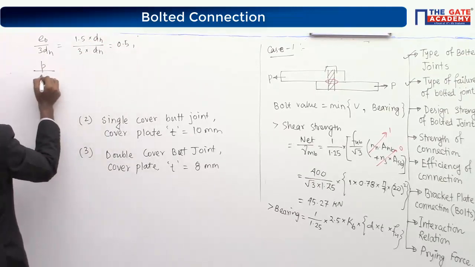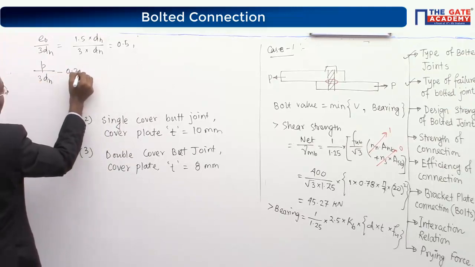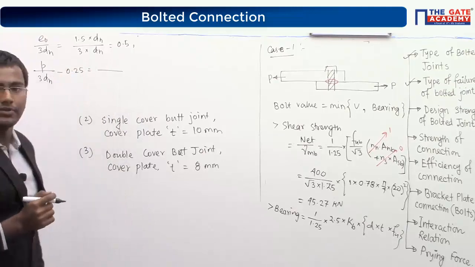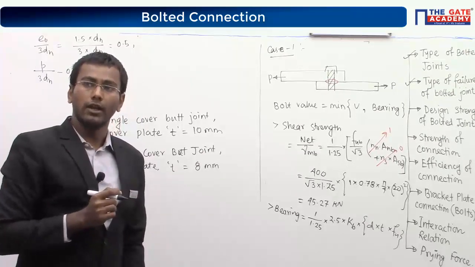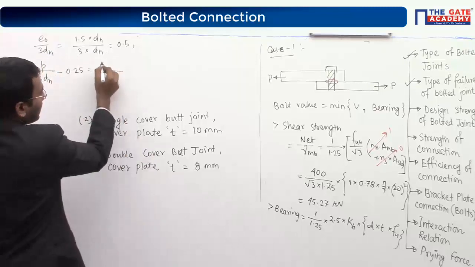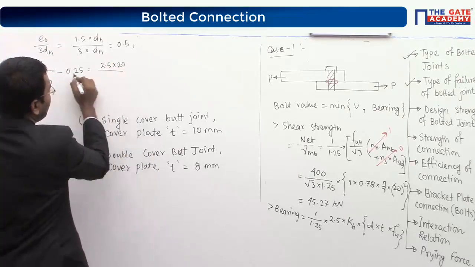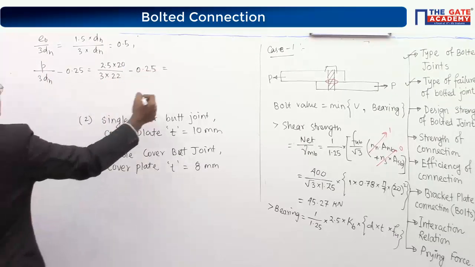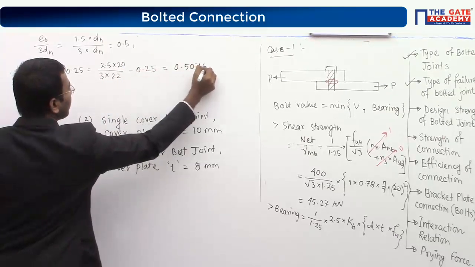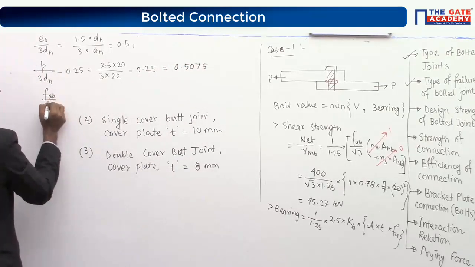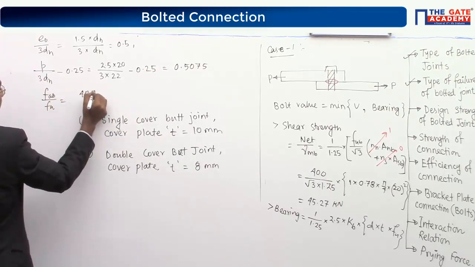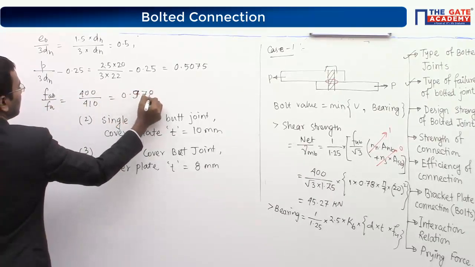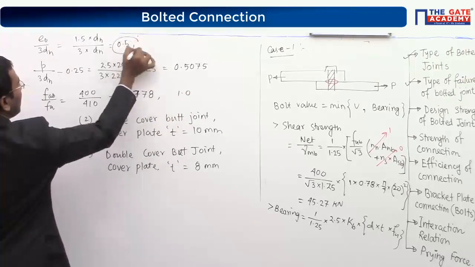Next is p by 3dh minus 0.25, where p is the pitch distance, minimum 2.5 into d, so d is 20 and dh is 22. So 3 multiplied by 22 minus 0.25 gives 0.5075. Then f of ub by f of u, 400 divided by 410, is 0.978. Next is 1.0. So I will take the minimum value, 0.5.